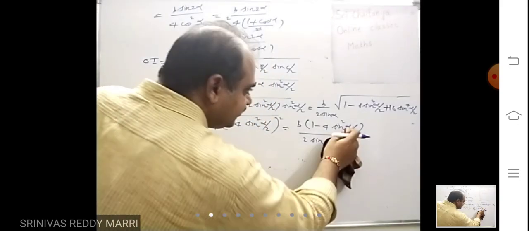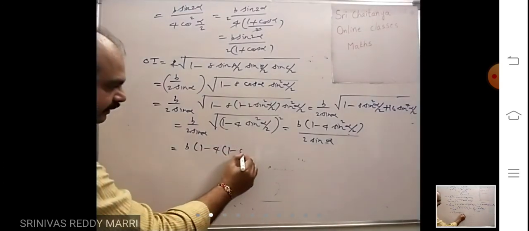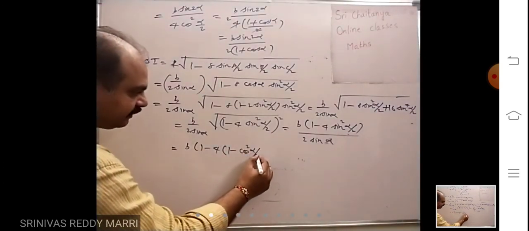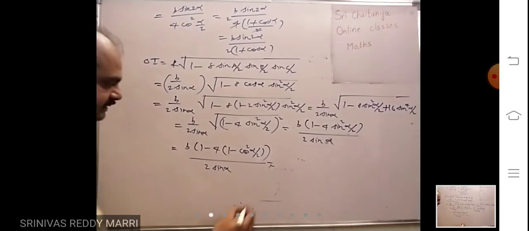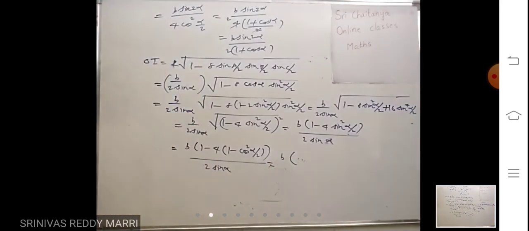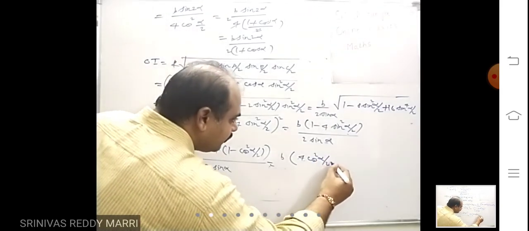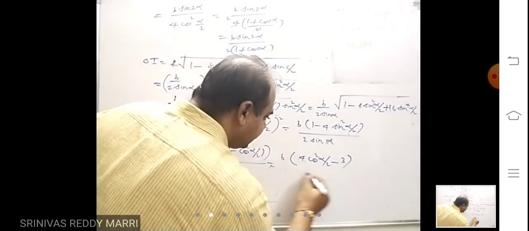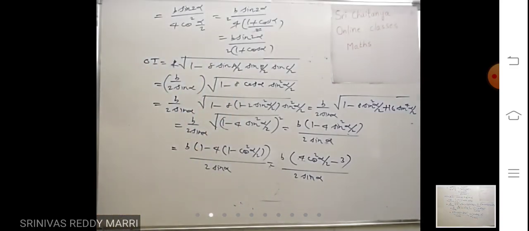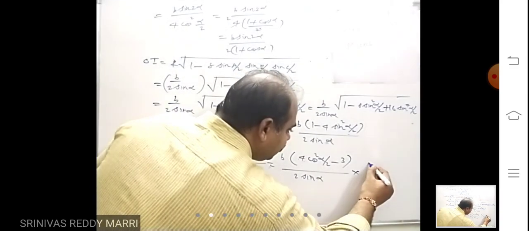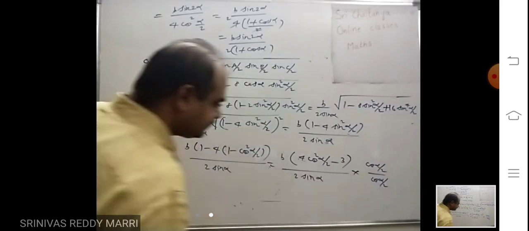Now what I am doing is, in the above I am converting into cos. Look at how I am simplifying. This is cos square alpha by 2 divided by 2 sine alpha. This is nothing but b into, what I am getting here, 4 cos square alpha by 2 minus 1 minus 4 means 3, divided by 2 sine alpha. Now I am multiplying numerator and denominator by cos alpha by 2.